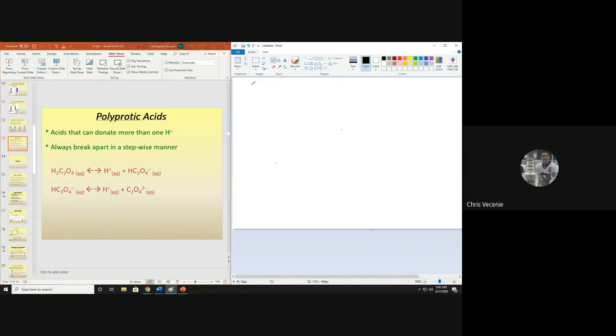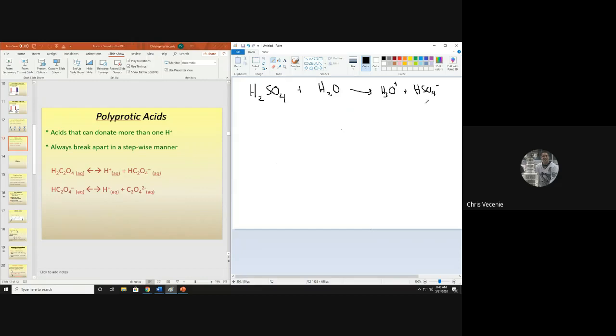So H2SO4 is tricky. People think, oh, the H2SO4 is going to give twice as many H's as the rest of the strong acids, but it doesn't, because watch. The H2SO4 sees a water, gives its first H to the water, and we get H3O plus, and we get HSO4 negative.